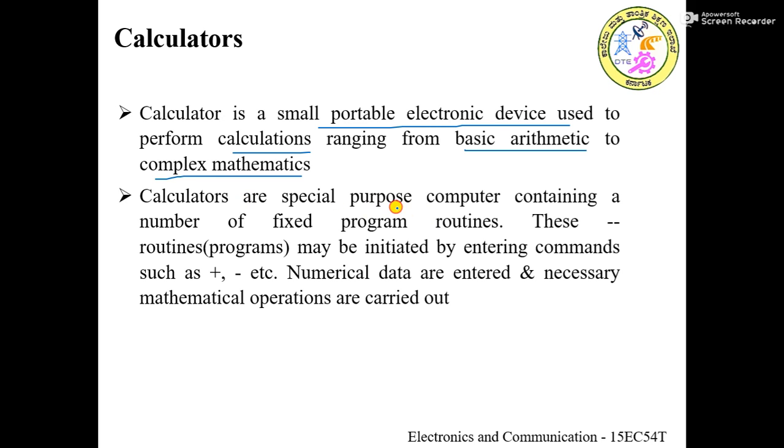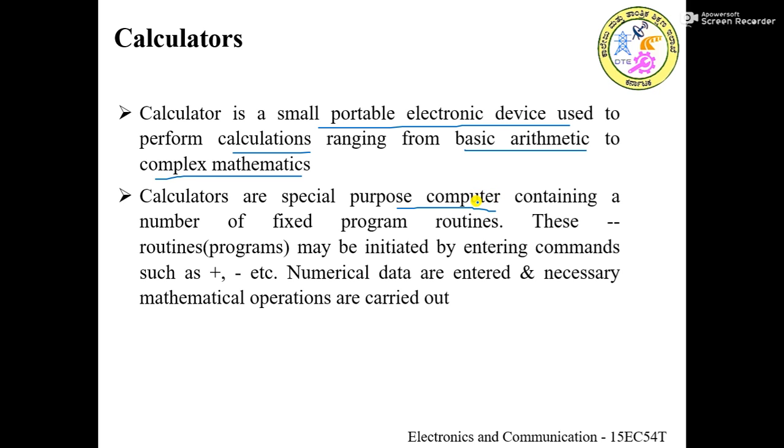Calculators are special purpose computers. Why are these referred to as computers? Because normally in computers we will find an input device as well as an output device, and we find some fixed routines or fixed programs which do some kind of processing operation.